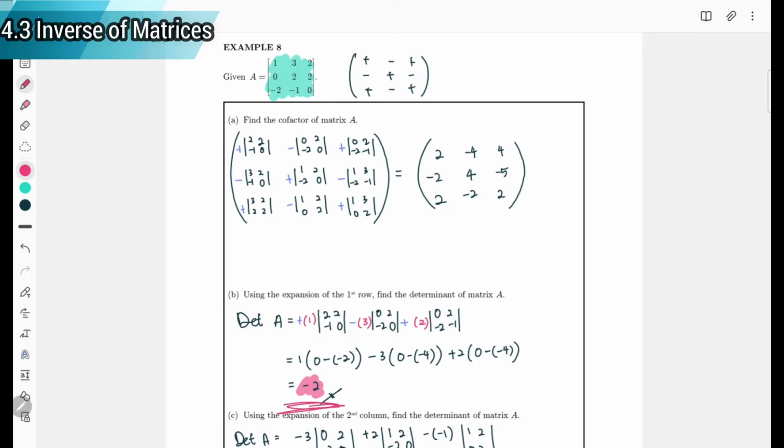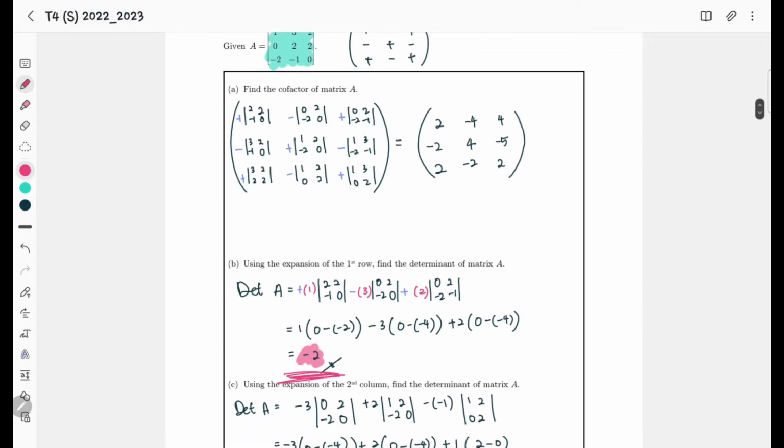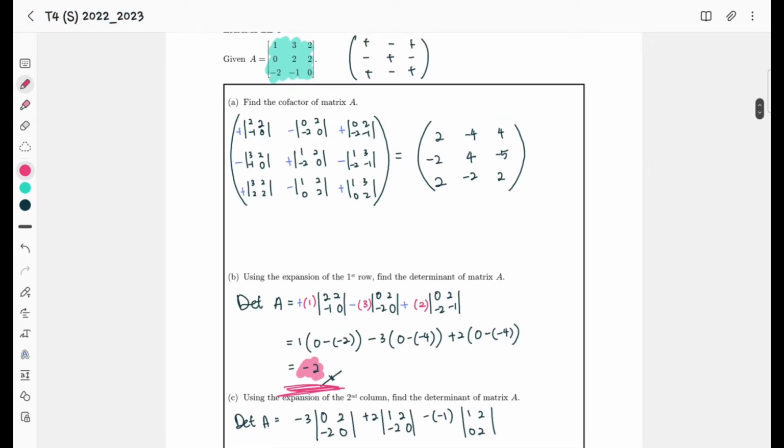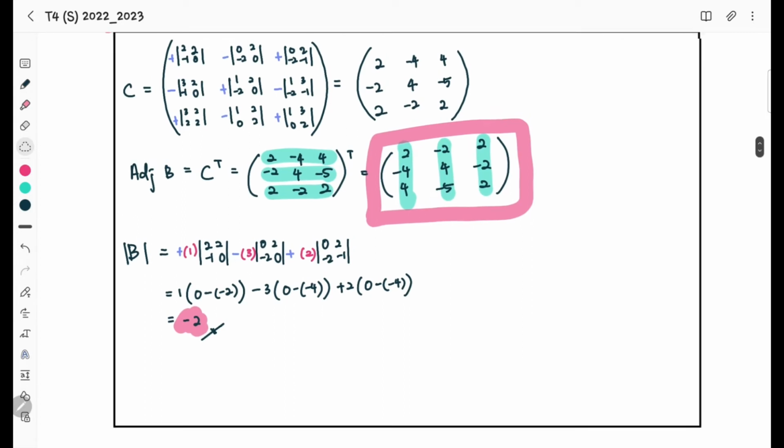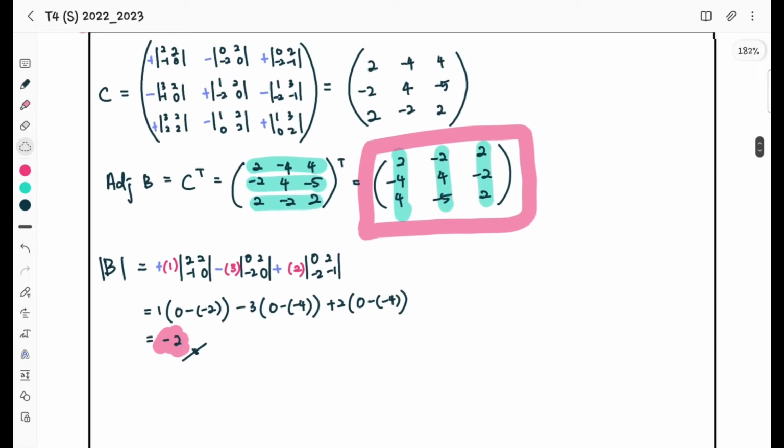You can see here the determinant is negative 2, since it's the same matrix. So just take the determinant and copy it here so that you can see the calculation.